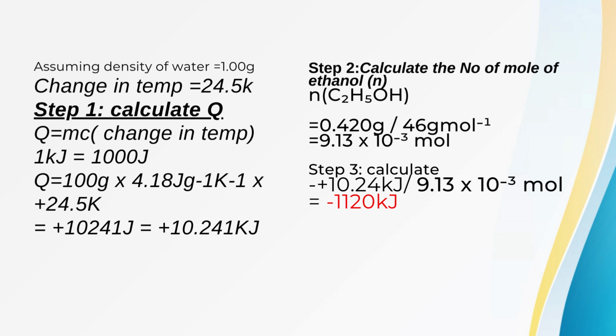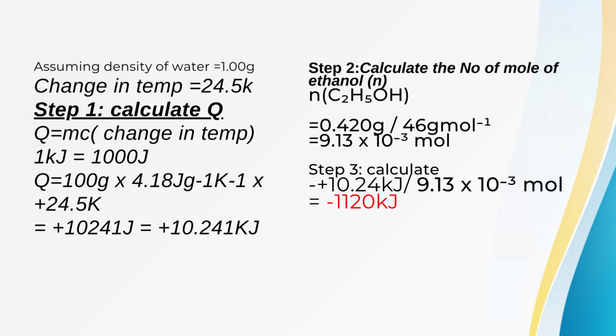we key in our information. For the mass of water, we assume that the density of water is 1 gram per cubic centimeter, times the specific heat capacity, times the change in temperature. Change in temperature will always be the same regardless of the units, be it in degrees Celsius or Kelvin.